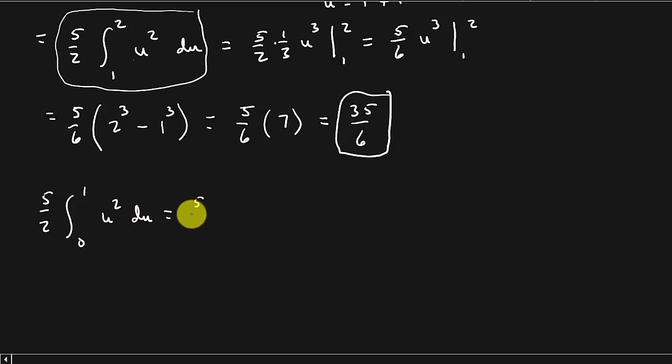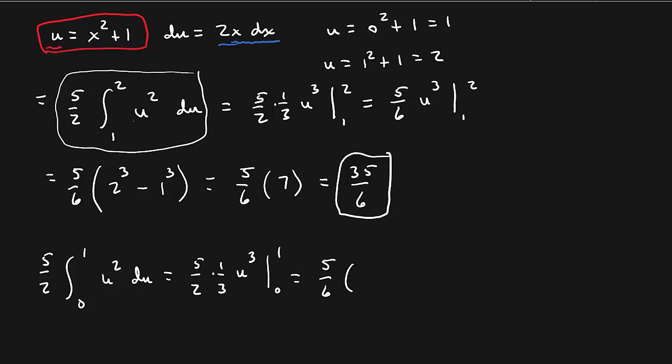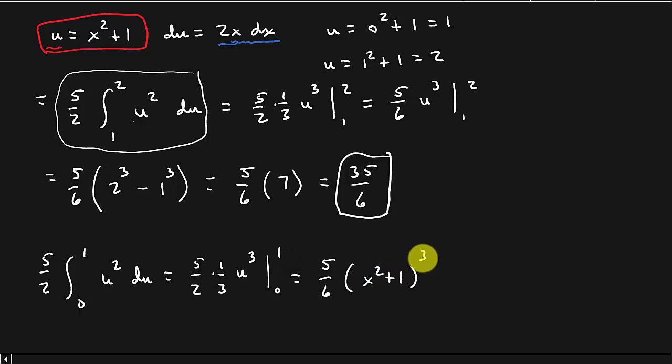And so that's going to be 5/2 u cubed over 3 from 0 to 1, and so that's going to be 5/6. Now remember, I did not change my limits, so that means I have to take this and plug it back in for u, because I'm keeping my limits as x values. And so that's going to be x squared plus 1 cubed from 0 to 1.